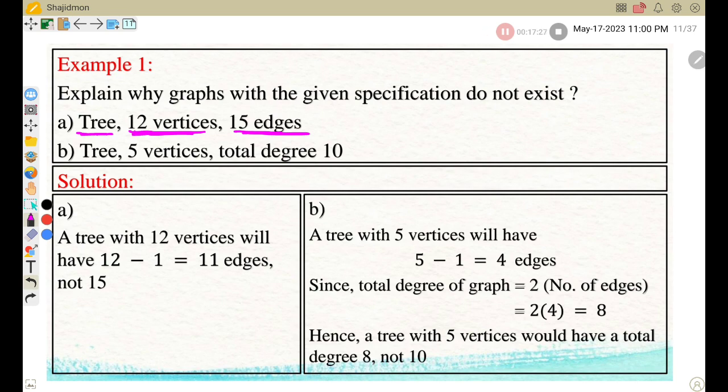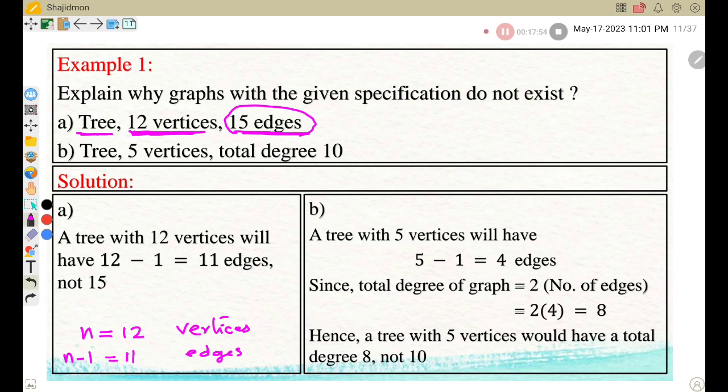How many vertices are there? 12. That means n equals 12, number of vertices equal to 12. Just now we studied, if we have n vertices, how many edges will there be? N minus 1 edges, correct? So 12 vertices means 12 minus 1, which is 11 edges. Only 11 is possible. But how many edges are given in the question? 15 edges.